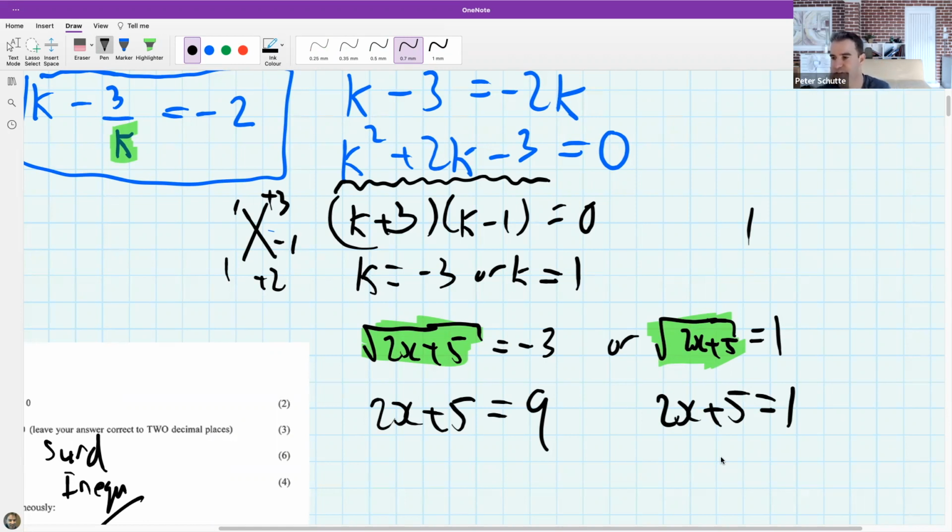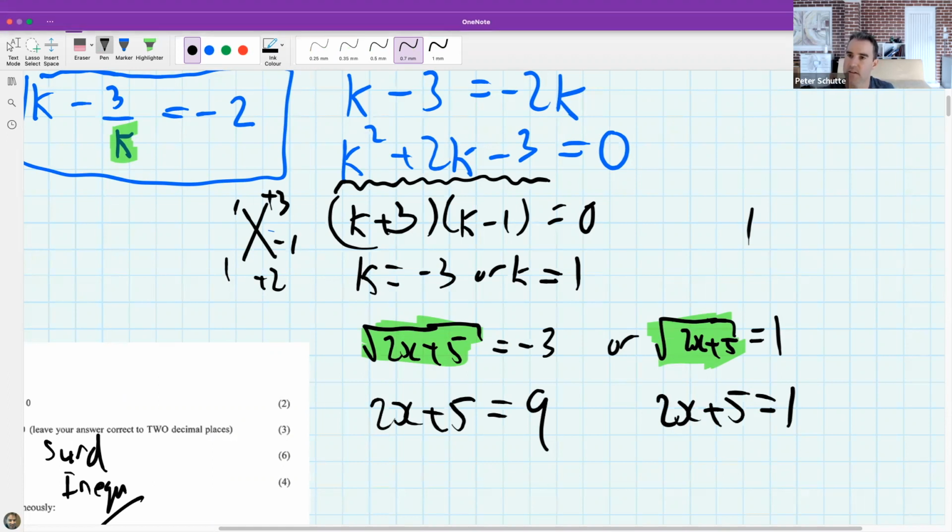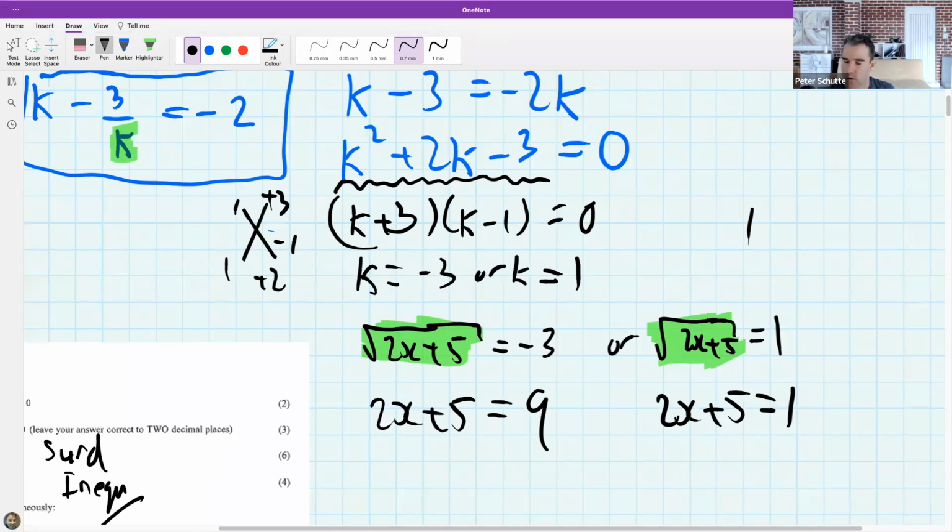So what are my final answers going to be? What do we get for our final answers? And there's one extra step with surd equations that we have to do after we've even got our answers. I know, surd equations. Oh my goodness.